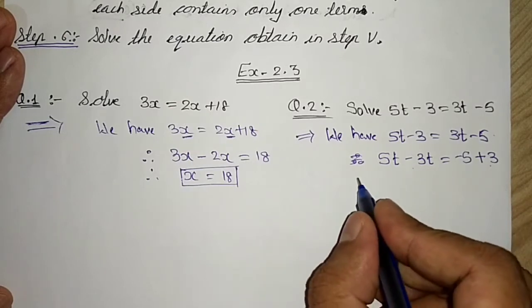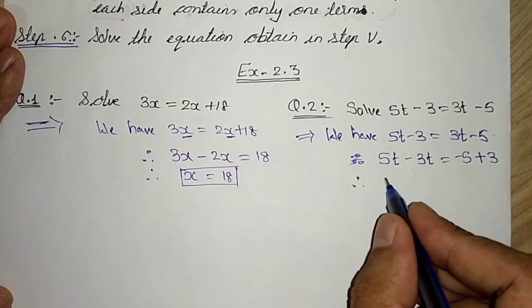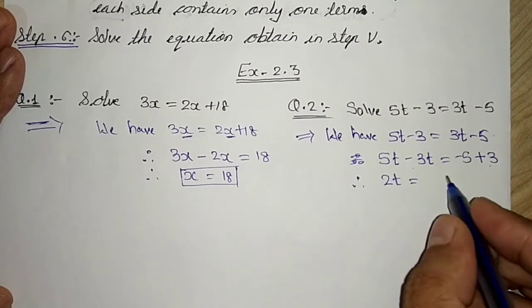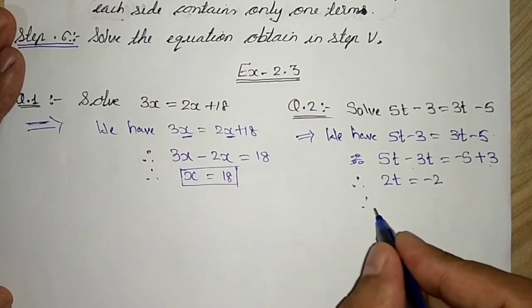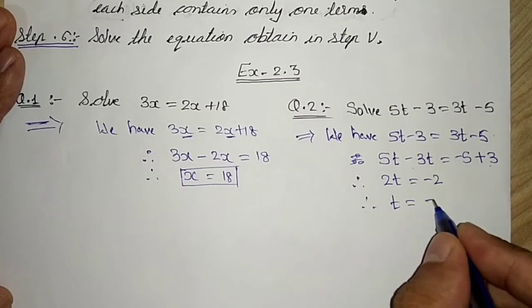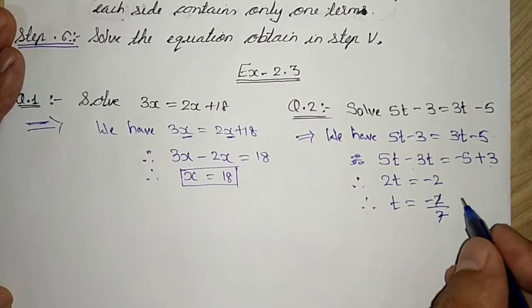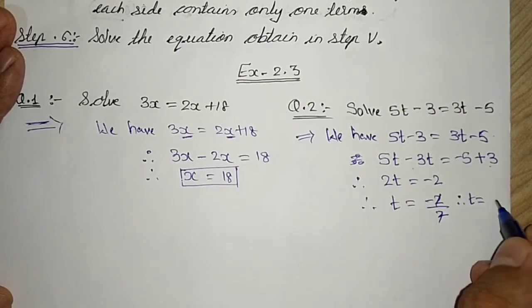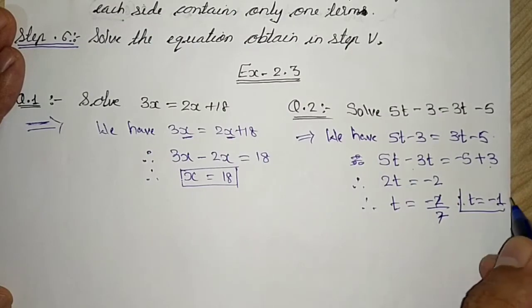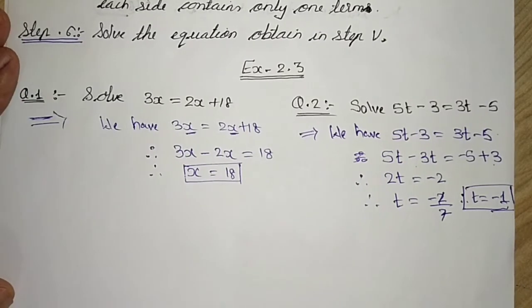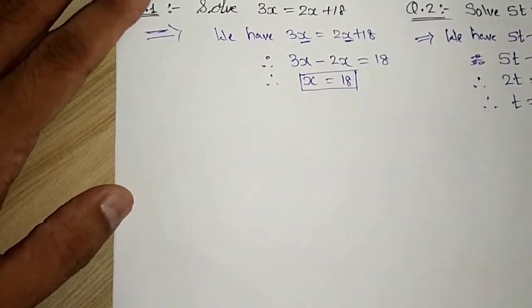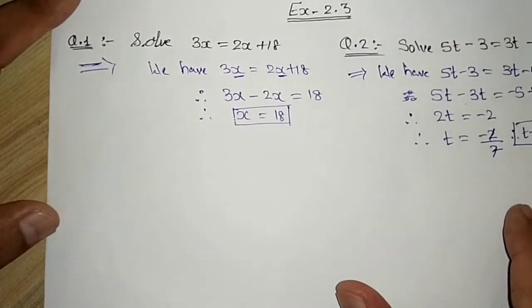Here also the same thing. 5t minus 3t will give you 2t is equal to minus 2. Therefore, t is equal to minus 2 divided by 2. 2 1s are 2. Therefore, t is equal to minus 1. This is your answer. Now let us move to question number 3.